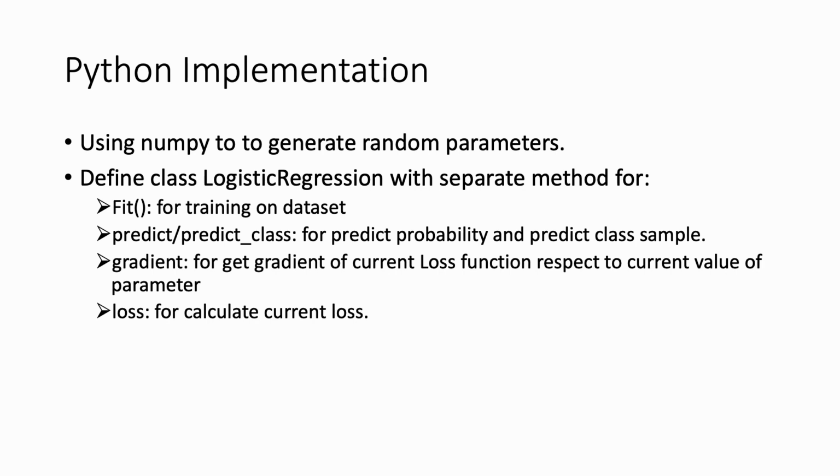To implement logistic regression, we use NumPy to generate the random parameters and define the class LogisticRegression, which has separate methods: fit for training on the dataset, predict for the class probability, and predict class for the class of a sample. The gradient method returns the gradient of the current loss function with respect to the current value of the parameters, and the loss method calculates the current loss.